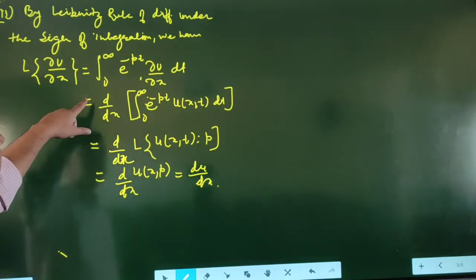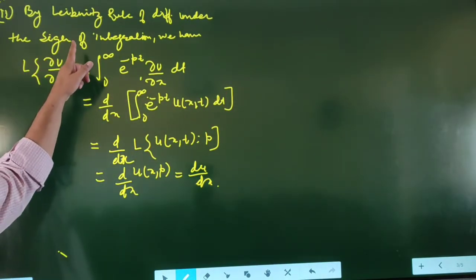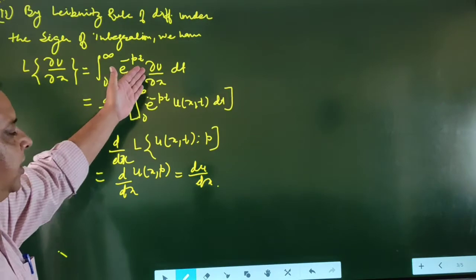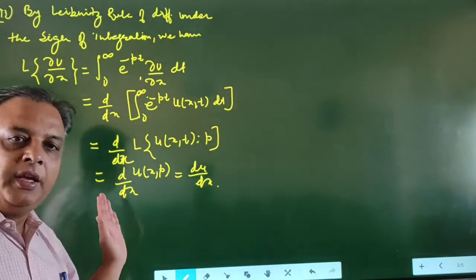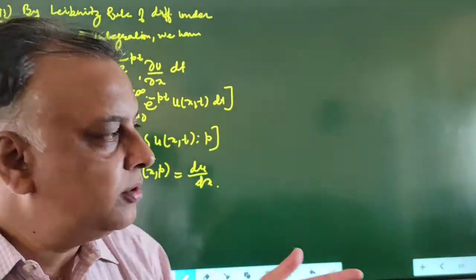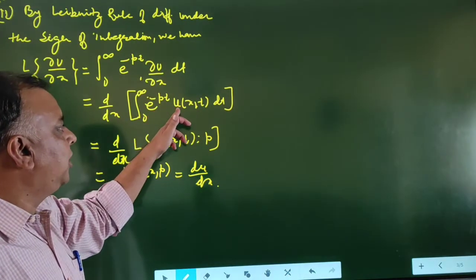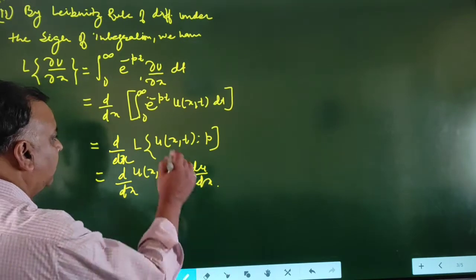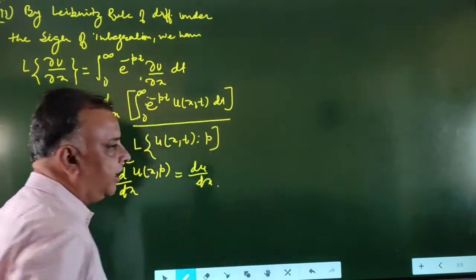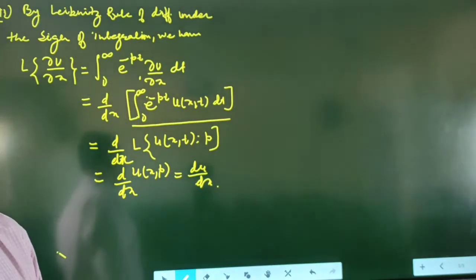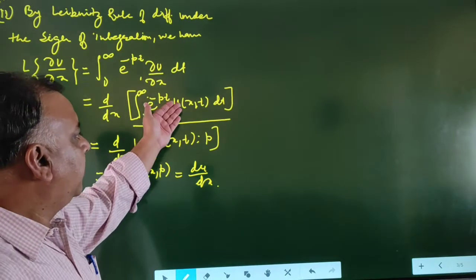Now here we use the Leibniz rule for differentiation under the sign of integration. The partial derivative comes outside the integral and it becomes d by dx of integral 0 to infinity e raised to minus pt u(x,t) dt. But we know that the value under the integral is the definition of the Laplace transformation of the function u(x,t).